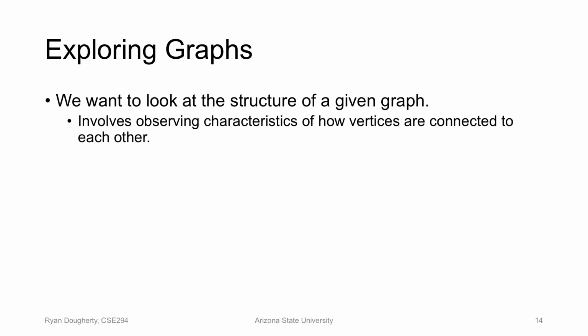But maybe I want to ask what the average distance is between any two vertices. That's an important question. There was some work done on figuring out the average distance between Wikipedia articles or internet websites via links to other websites. So you can see how compact or how spread out the network could possibly be.